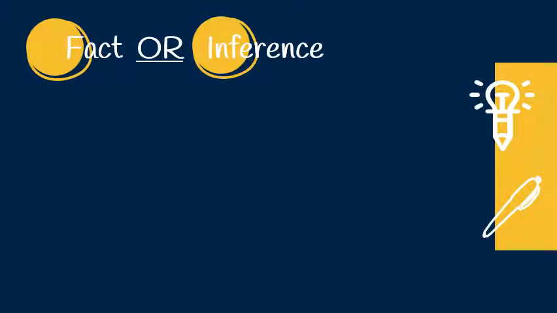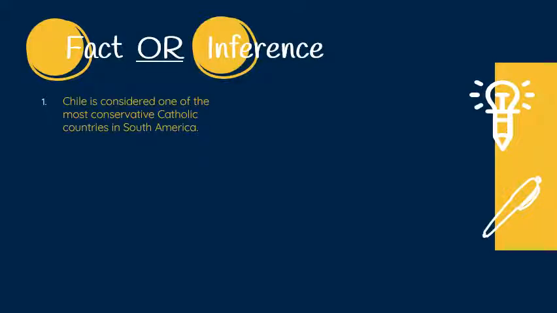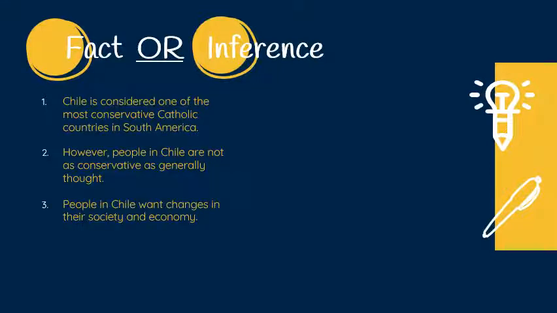So let's try to distinguish fact from inference. Here I have two paragraphs that I happened to reorder in the form of numeric order. Let's try to identify whether each statement is fact or inference. You might pause the video right here if you want, to read these statements first.